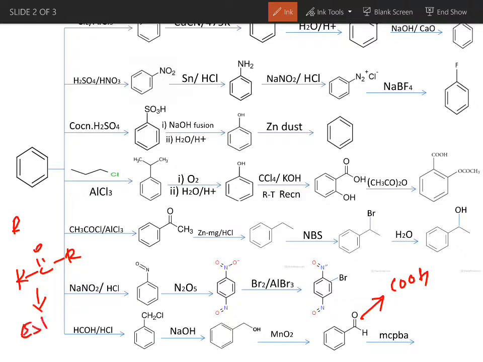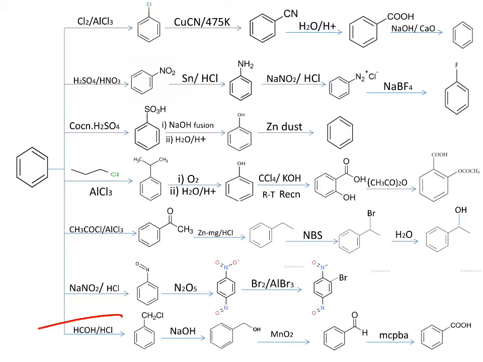Here in this case, aldehyde is reacting with the peracid, so the product formed here will be benzoic acid. Metachloroperbenzoic acid is used as a selective oxidizing agent.